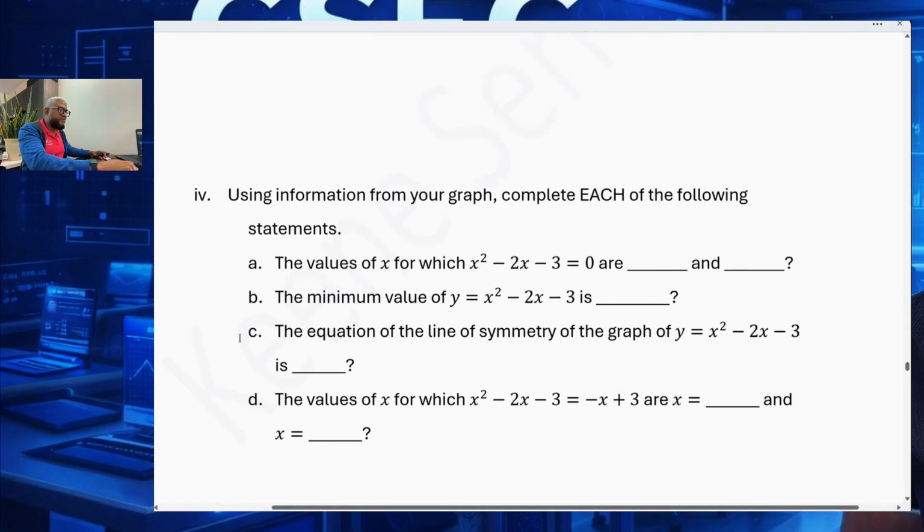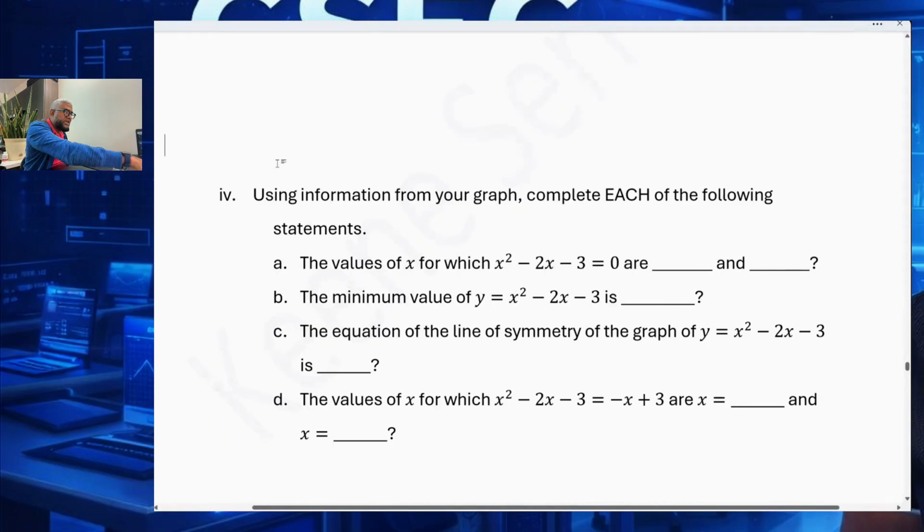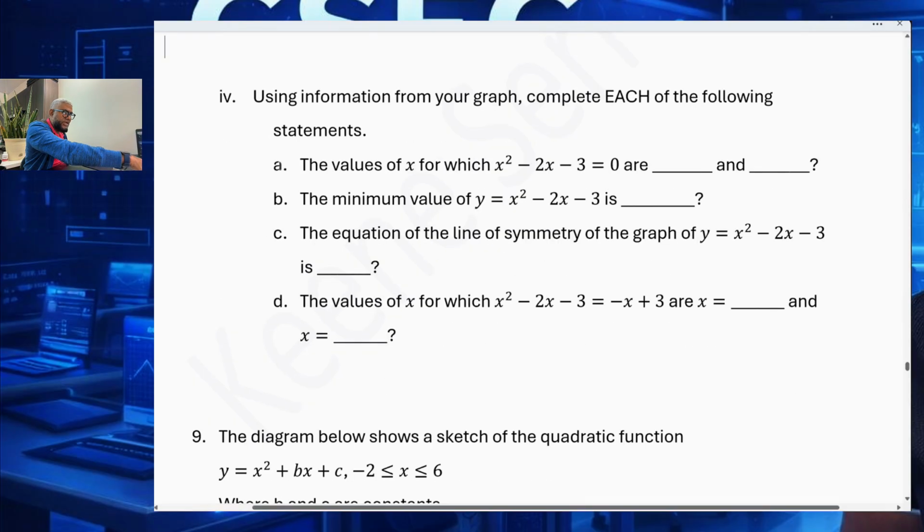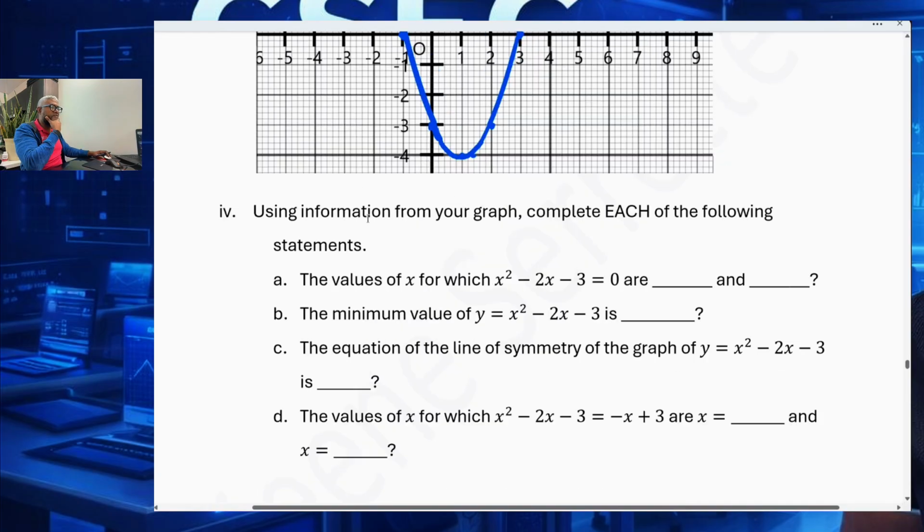Using information from your graph, complete each of the following statements. So the values of x for which x squared minus 2x minus 3 is equal to 0. This simply means when my quadratic curve is cutting through the x-axis.